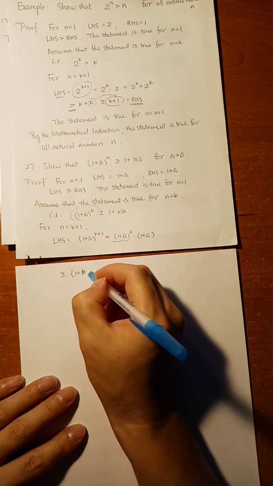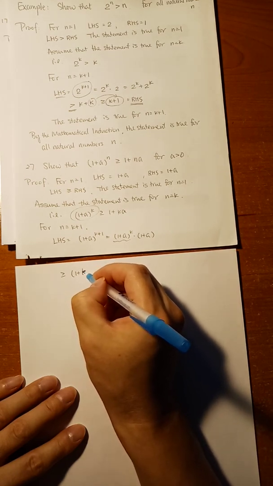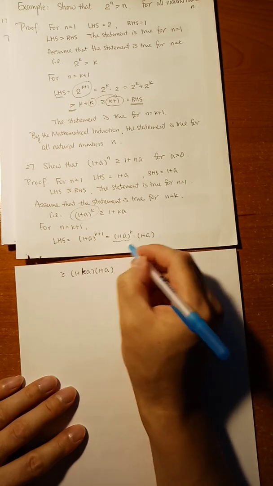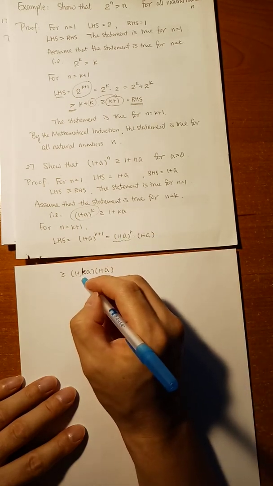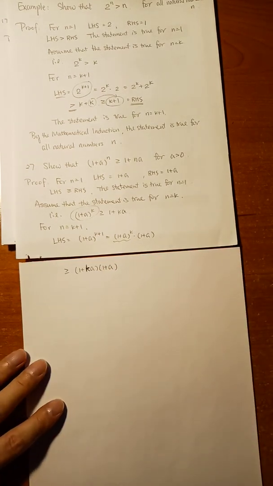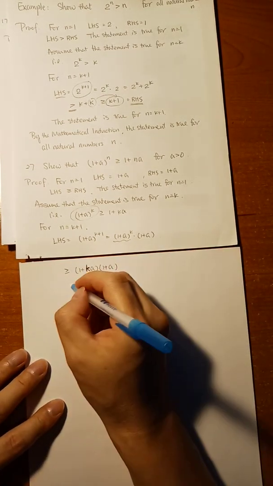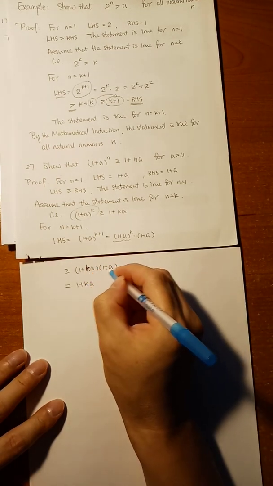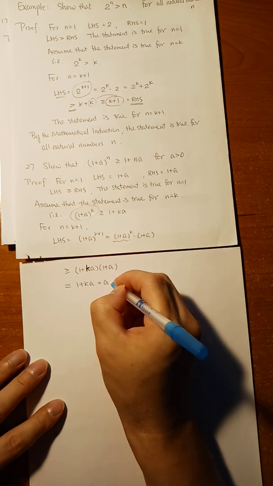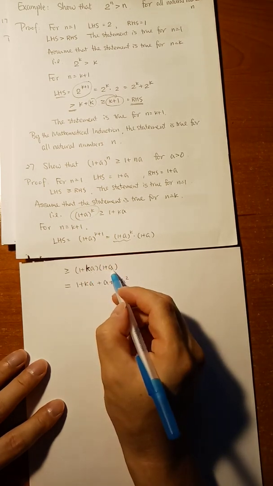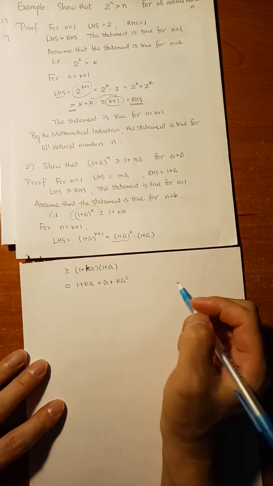My bad, it's 1 plus k times a, times 1 plus a. This first factor is greater than or equal to 1 plus ka, so we just put it here. Correct? Now let's multiply it. It's 1 plus ka, everything times 1, plus a, plus ka times a, ka squared.